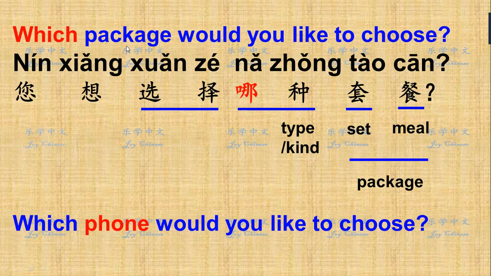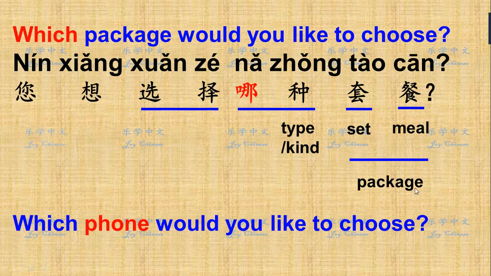which package. 哪种套餐. Here, 套 means set. 餐 in Chinese means meal. Like you go to fast food, they ask you, do you want a meal or you just want a hamburger? So here, when you combine set together with meal, it means package.